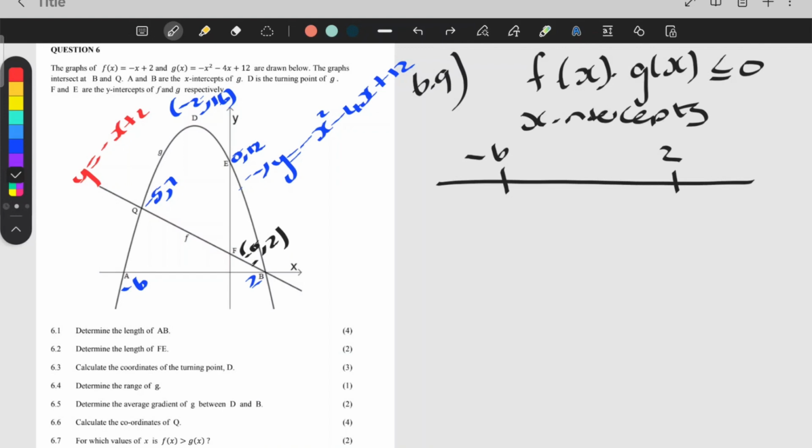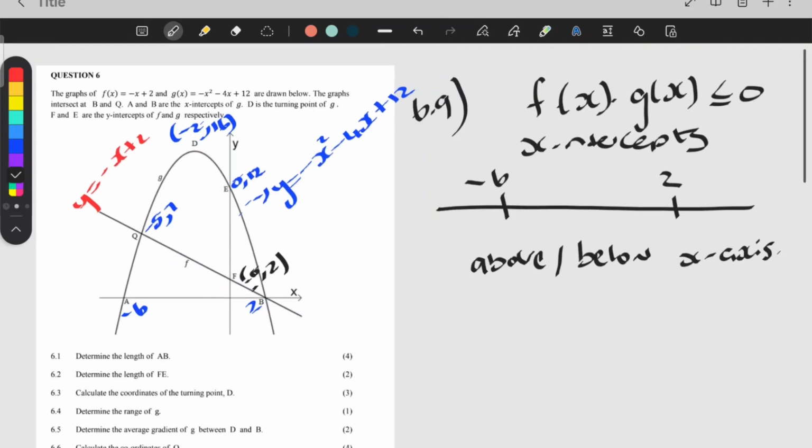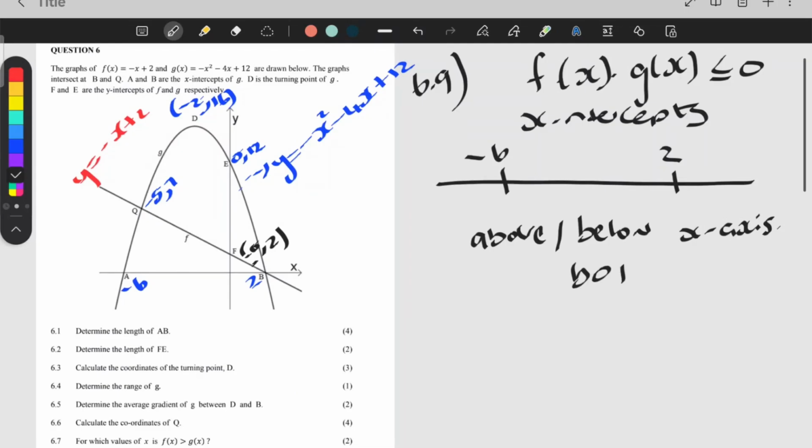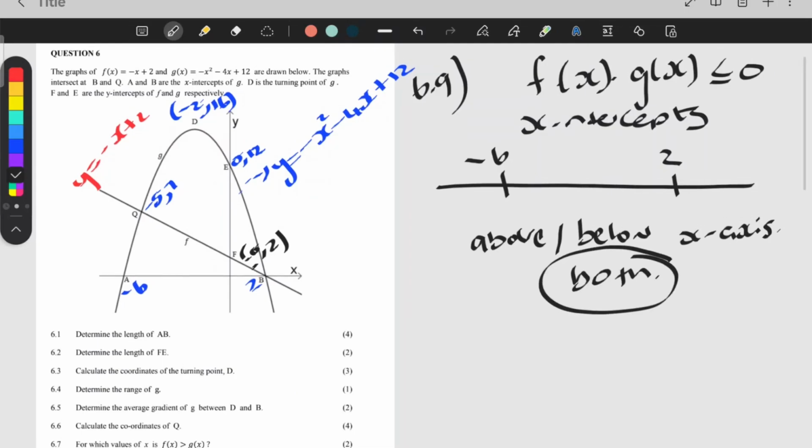We're looking at the x-intercepts. So our question is not where is the one graph above or below the other. The question is where is the graph above or below the x-axis. And we are going to look at both graphs, not just one of the graphs.